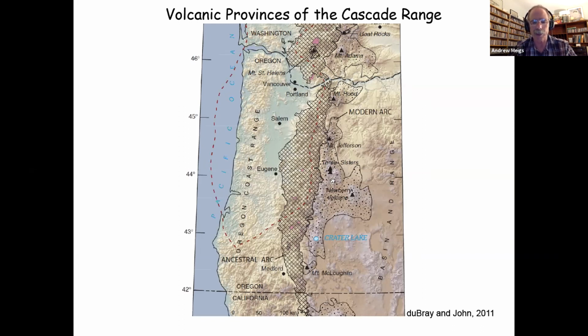And I mention this because these volcanic rocks are sitting right astride the boundary between this Siletz block on the forearc and the extensional province here in the back arc.